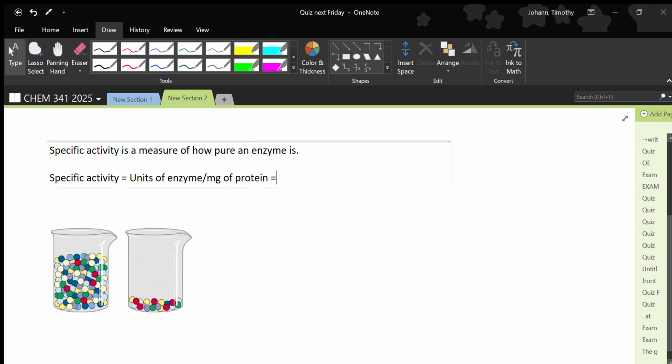A unit is a micromole of product made per minute. So it's micromoles product per minute per milligram of protein.